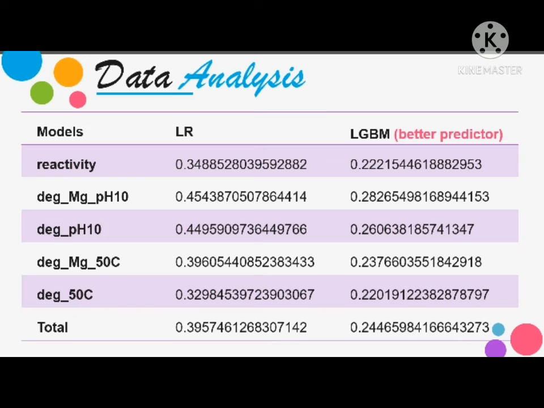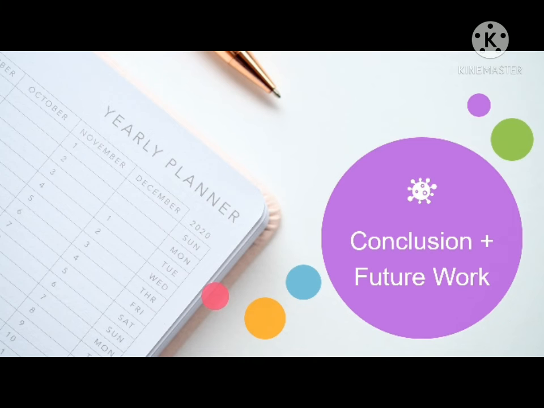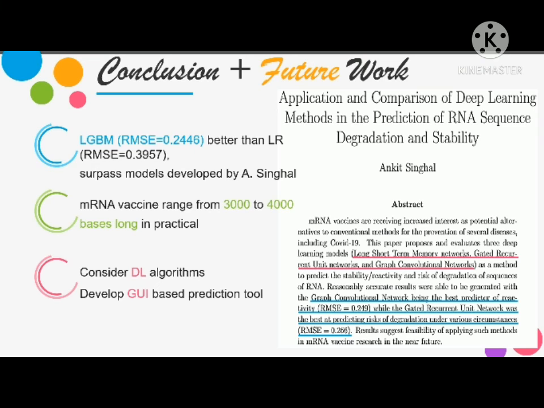The prediction error of LGBM shows a value of over 0.15 lower than linear regression. To conclude, LGBM is more suitable than linear regression for mRNA vaccine degradation predictions.